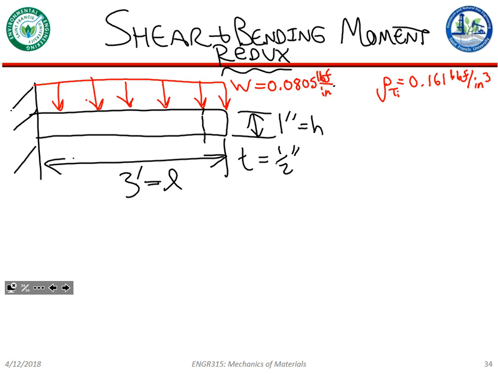Why do we pick the area for the cross section at the top? We picked the area of a transverse cross section here because our shear and bending moment diagram goes out along the beam, right? We care about the loads at particular sections longitudinally, at least based on the loading.